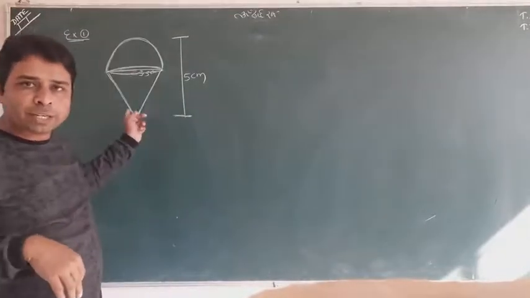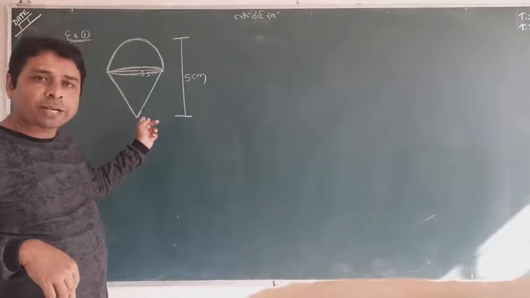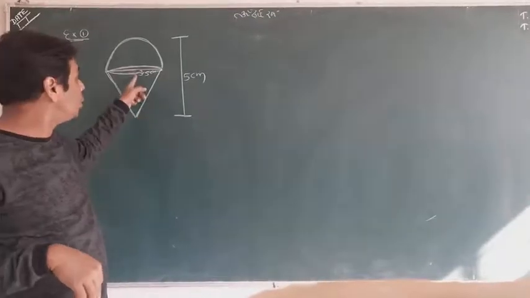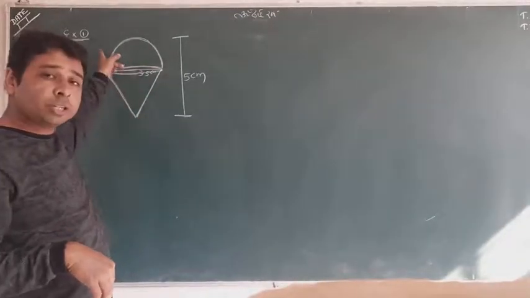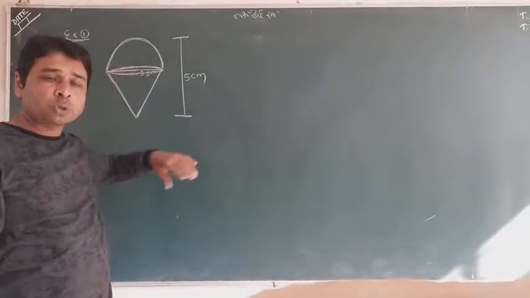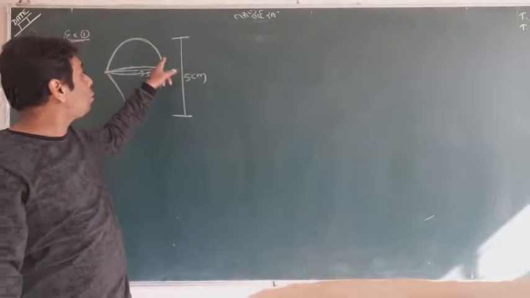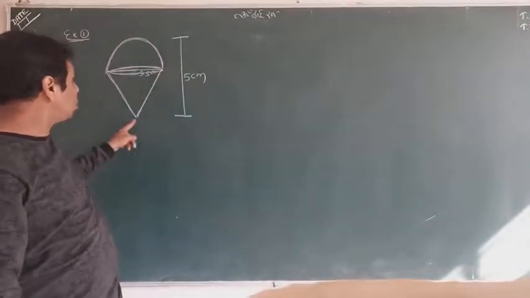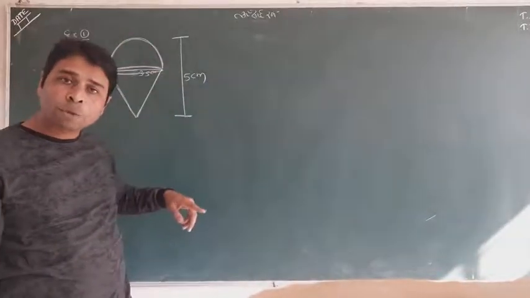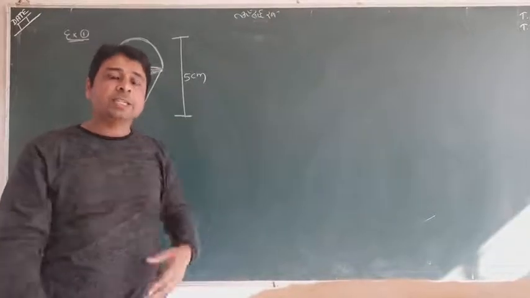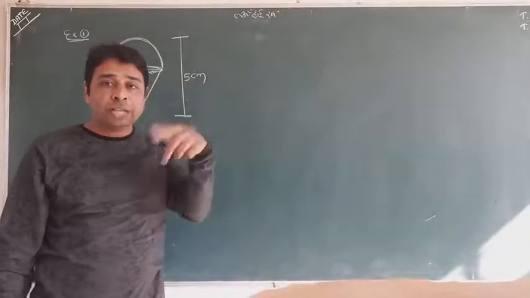In the figure it is shown, but practically you cannot see the middle portion. You can see the curved region. So ultimately you have to find the curved surface of the hemisphere and the curved surface of the cone, and add them. This is the area where Rashid has to color.